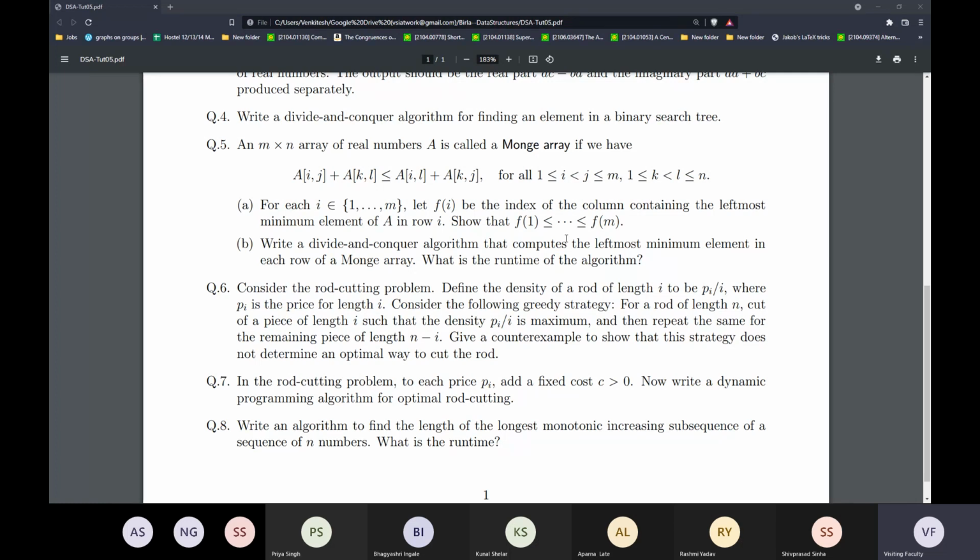If it is the fifth column, then f of i is equal to 5. So f of i is the index of the column containing the leftmost minimum, the leftmost smallest element of A in row i. Show that f of 1 is less than or equal to f of 2, up to f of n. Okay, so let's do that.